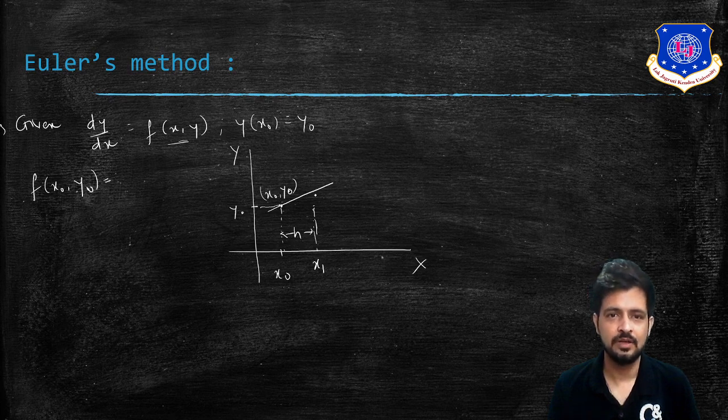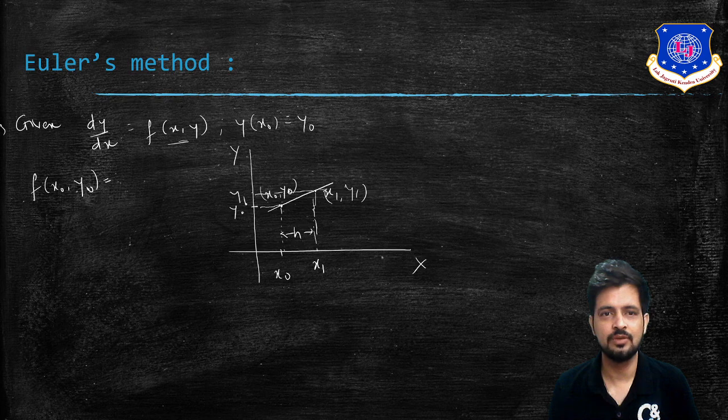Now let us consider the point at which I am getting the intersecting point. The point can be written as x1 y1. So I am getting a value of y, a value of y obtained with the help of Euler's method, and I am naming that value of y as y1. If I want to write the formula for the slope, I can write f of x0 y0 is equal to y1 minus y0 upon x1 minus x0.